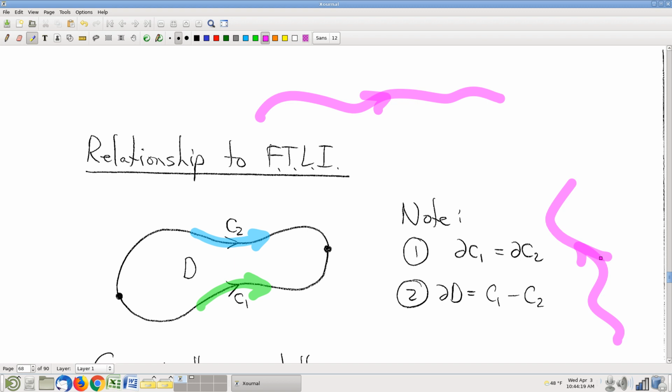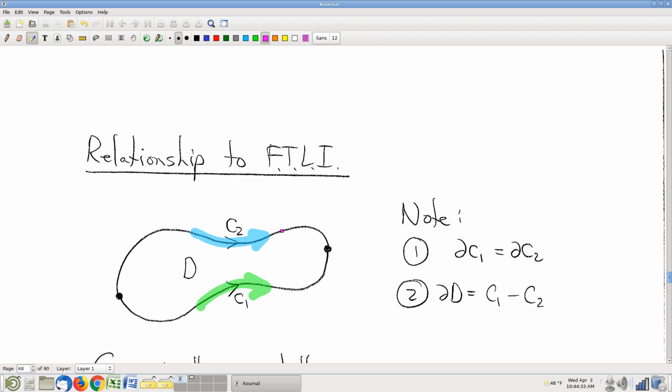It's a common conceptual trap to try to compare whether these are the same or opposite. They're neither. You can't compare their orientations at all. All you can do is talk about how they have the same boundary. Yes, absolutely, as part of the boundary of D, they are going opposite. They make opposite contributions to the boundary of D, if you want to say it like that. Their orientations themselves are not comparable.